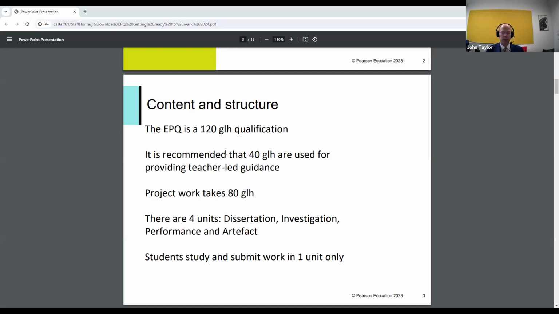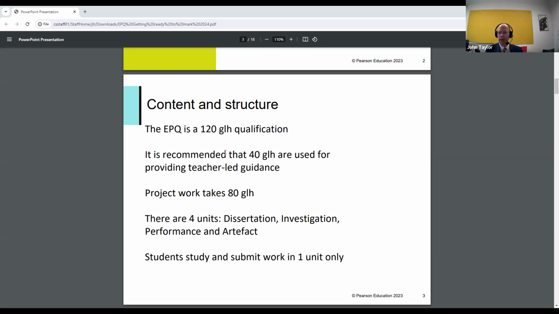But we think it's important to provide teaching support. We recommend, although again we don't mandate, around 40 hours spent providing guidance to learners, and then around 80 hours or so for the actual project.